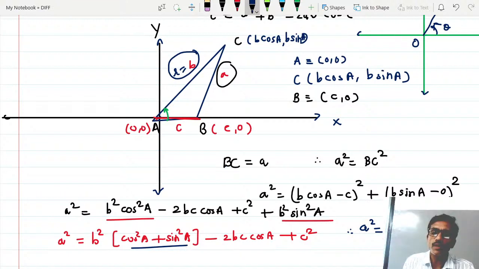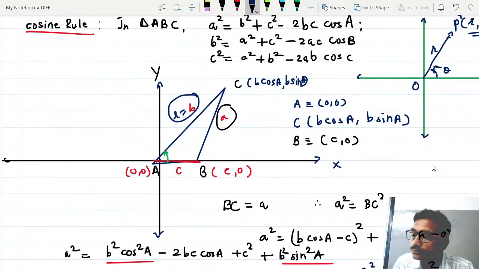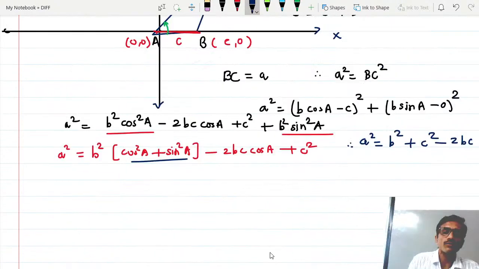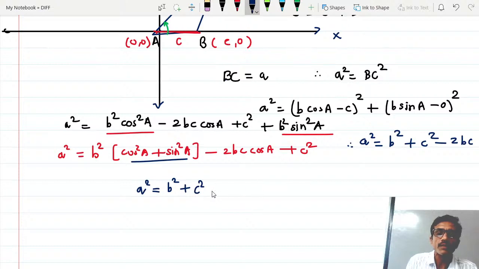So it will be B square plus C square minus 2BC cos A. So we have proved that a square is equal to B square plus C square minus 2BC cos A. This is what we had to prove.